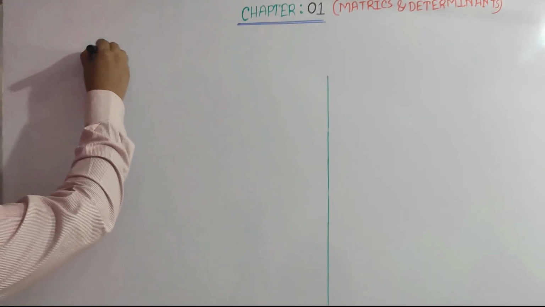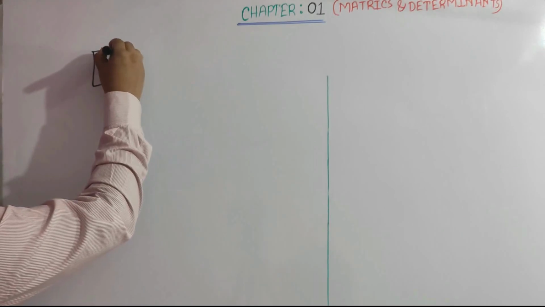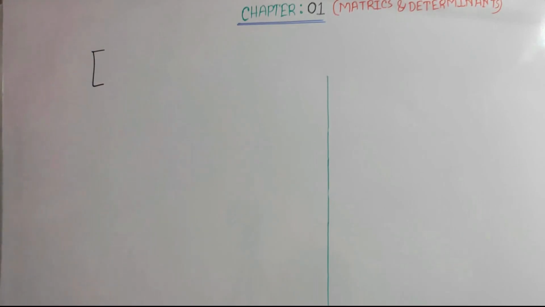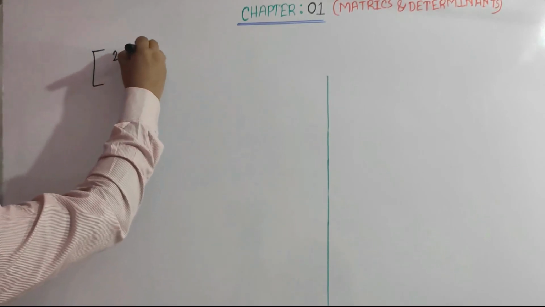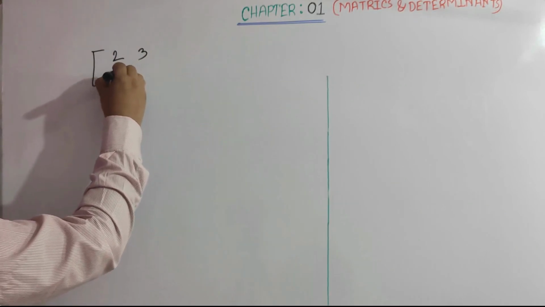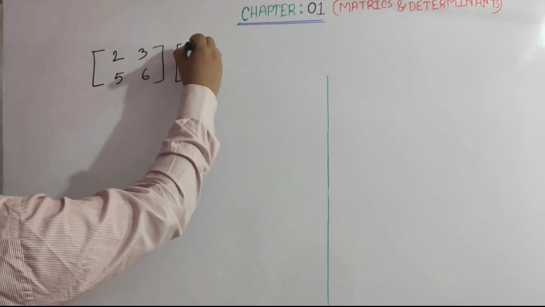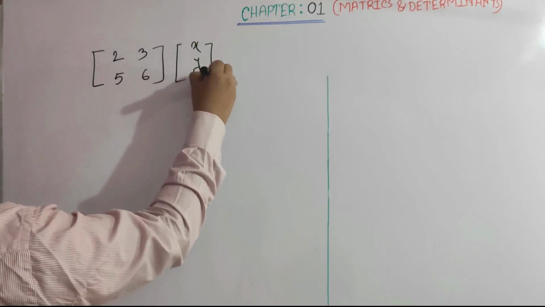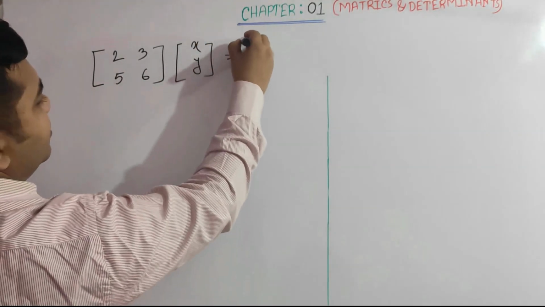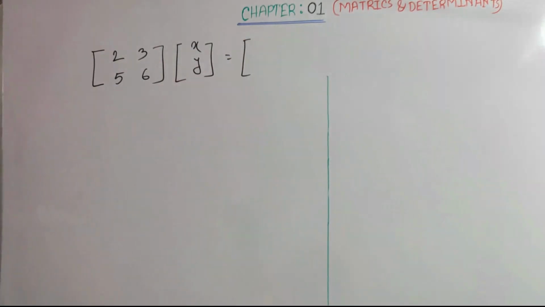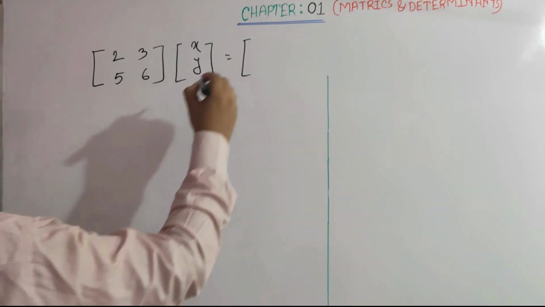Say for example, one matrix is 2 3 and 5 6, and another matrix is x y, equal to, say for example, 8 and 17.